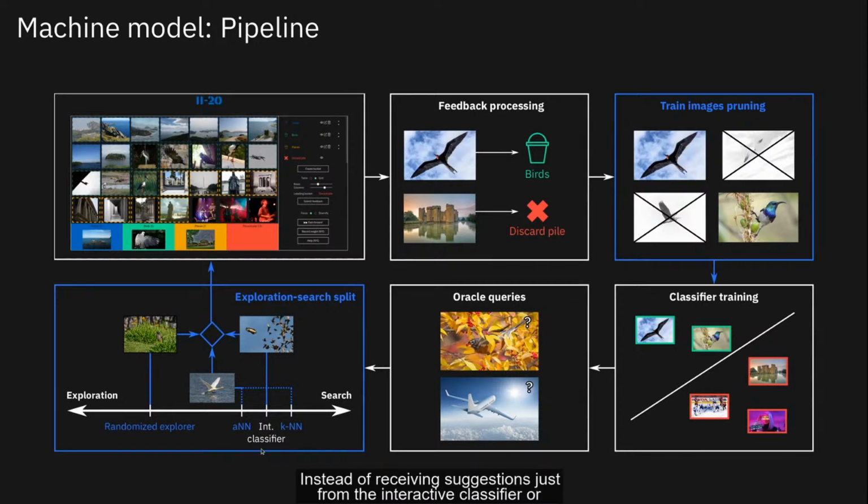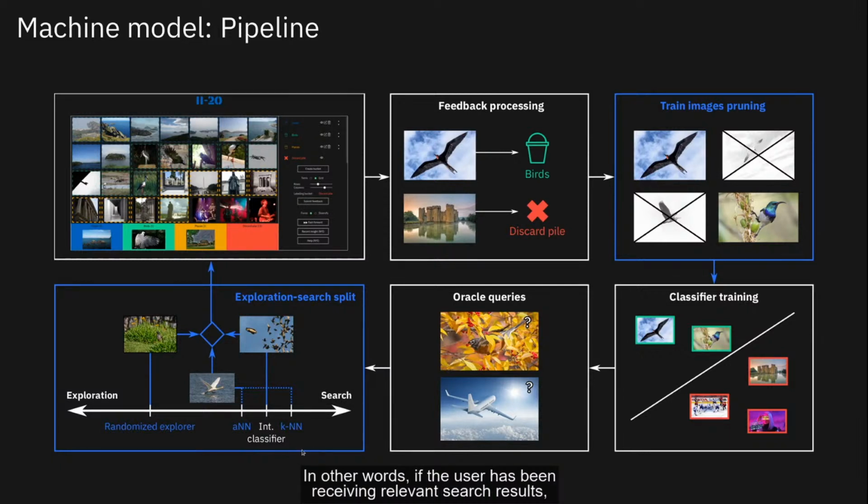Instead of receiving suggestions just from the interactive classifier or from the search, the user will receive suggestions from all 3 components in a certain proportion. This proportion is determined by the performance of the interactive classifier and the nearest neighbor search in the previous rounds.